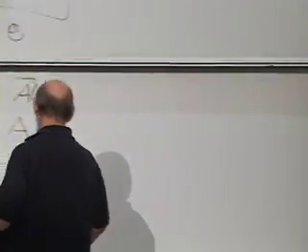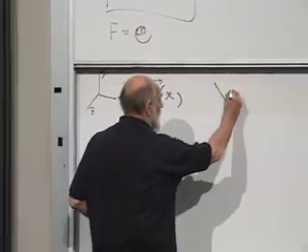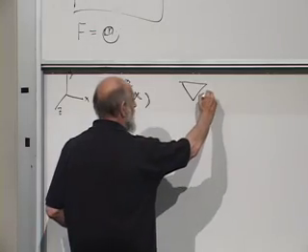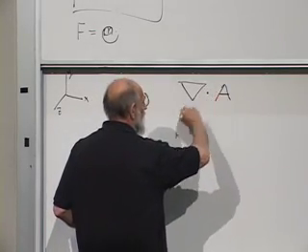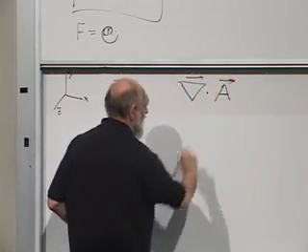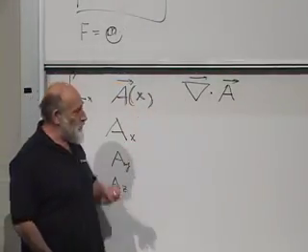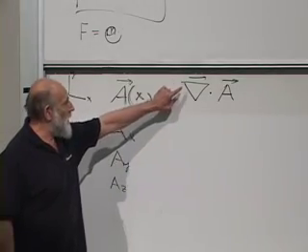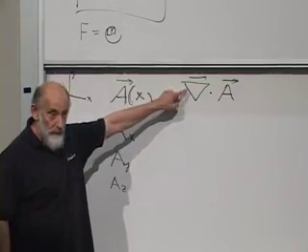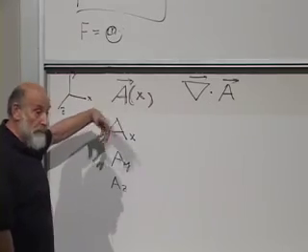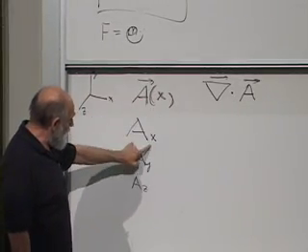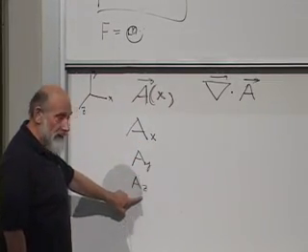The divergence of the field is written this way, upside down triangle. And the meaning of an upside down triangle is always that it has to do with the derivatives, the 3 partial derivatives, derivative with respect to x, y, and z.